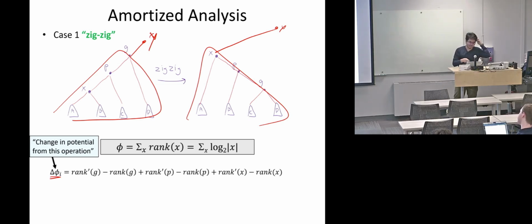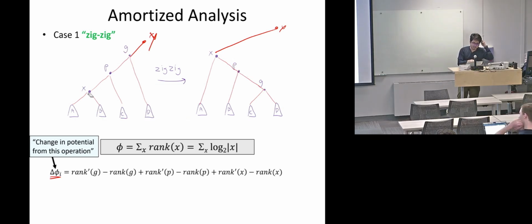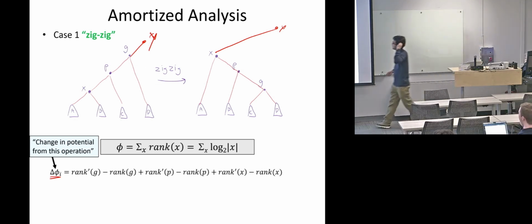So it's really just the rank of x, p, and g that change. The change in potential is just how much the rank of g changes, how much the rank of p changes, and how much the rank of x changes.